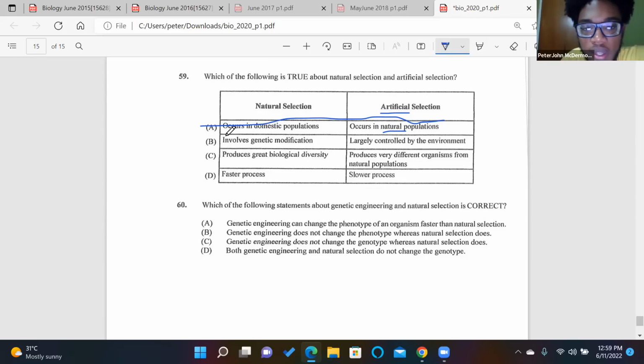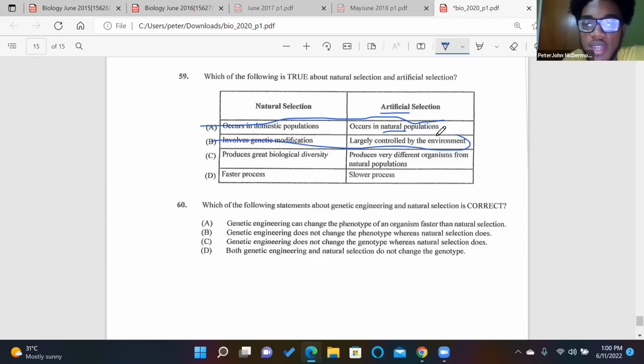All right, B, natural selection. Does natural selection involve genetic modification? Natural selection involves genetic modification. All right, let's skip that one. Is artificial selection largely controlled by the environment? No, sir.